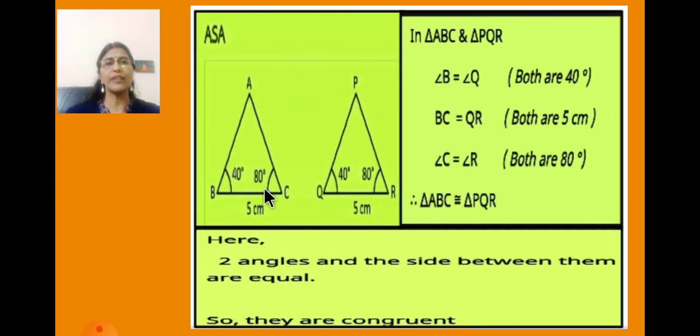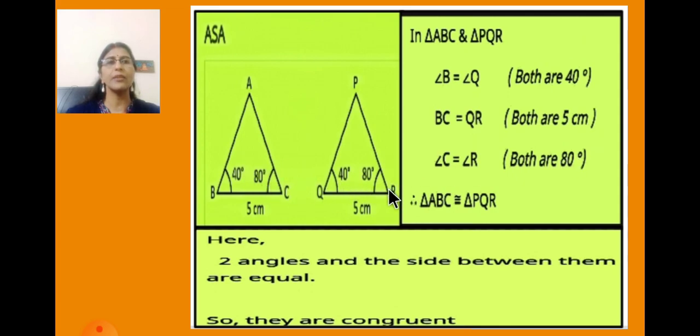Now let us see how to write. This is an example in triangle ABC and triangle PQR. You can see here the measures of the angles are also given. Angle B is 40 degree, angle Q is also 40 degree. So we'll write angle B is equal to angle Q. Both are 40 degree. Then we will write here this is the side BC is equal to QR. Both are 5 centimeter. And then we'll take this angle.